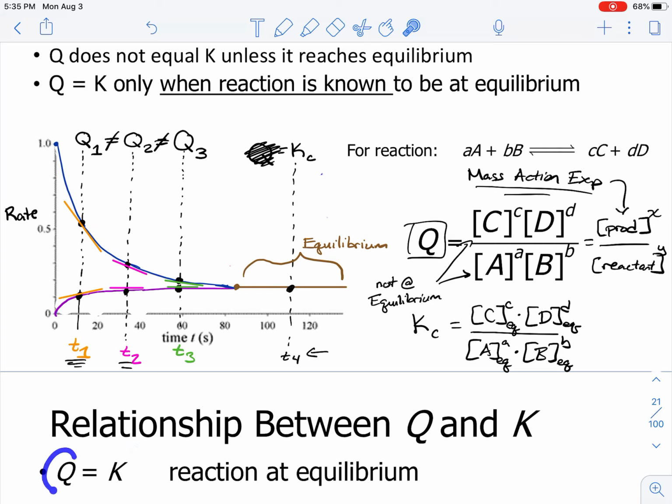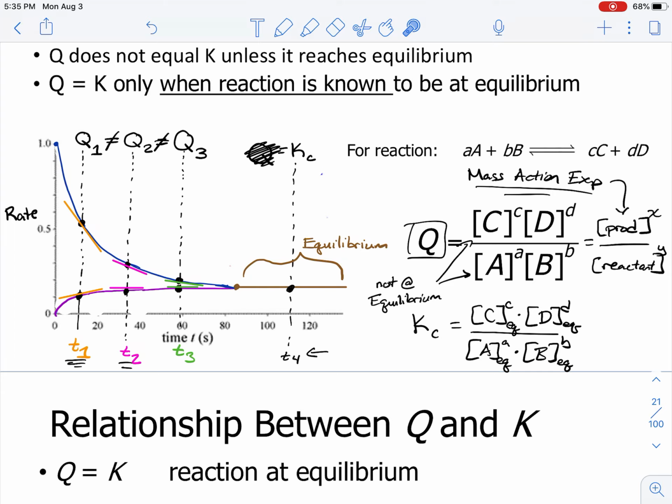What if Q is greater than K, or what if Q is less than K? What information do those two scenarios tell us about the reaction system?